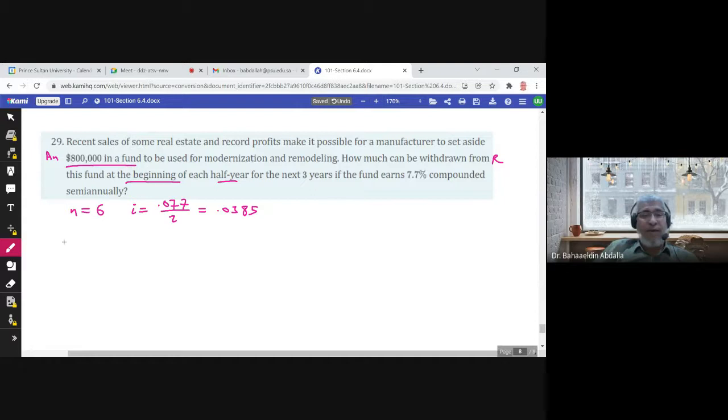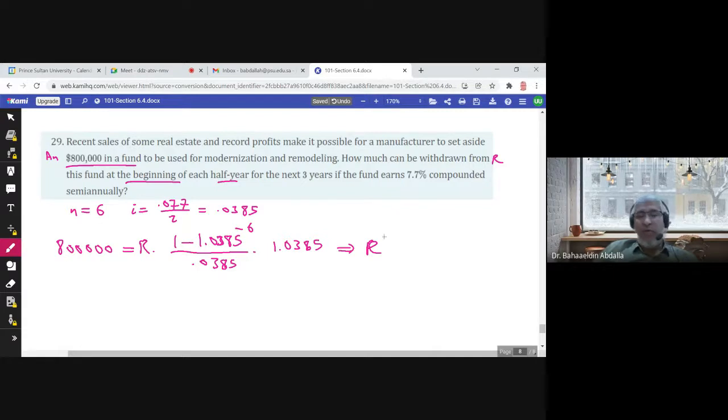So A_n is given, R is unknown, 1 minus 1 plus i to the power negative n over i times 1 plus i, and R would be the division of this 800,000 over all of this amount.